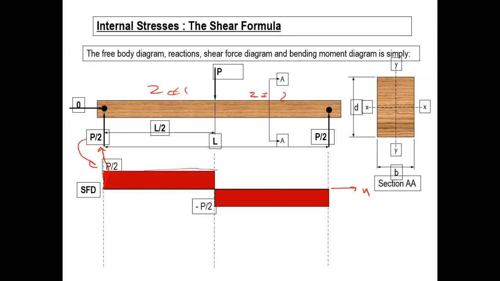Here, right in the middle, you have a shear discontinuity. I told you that the shear force diagram and bending moment diagram are always continuous unless you have a point force that makes the shear force discontinuous, or a point couple that makes the bending moment diagram discontinuous. But other than that, they are always continuous.